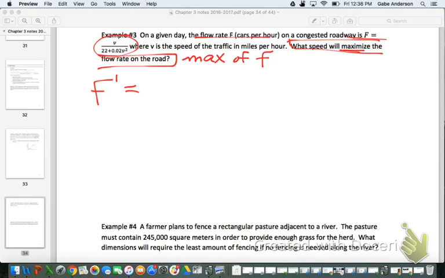We do have to do a quotient rule here, so a little review for you. Low D high minus high D low over the square of what's below. It's not that hard to do. I'll do it quietly up here, and we can compare notes in a second.